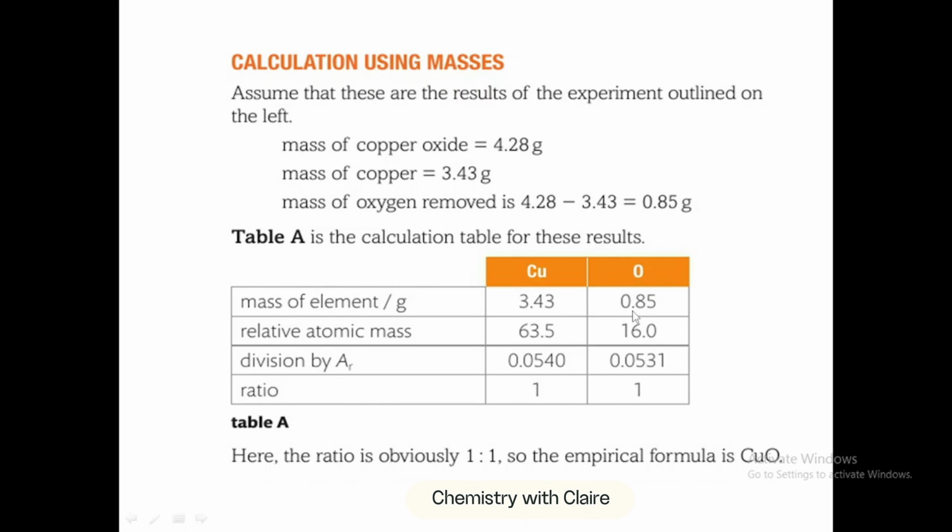And for oxygen, you have 0.85 grams divided by 16, which is the relative atomic mass of oxygen. You will get 0.0531. Now divide both of them with the lowest value. So you are going to approximately get a ratio of 1:1. Therefore, the empirical formula for this compound will be CuO.